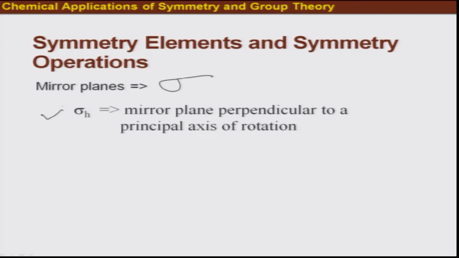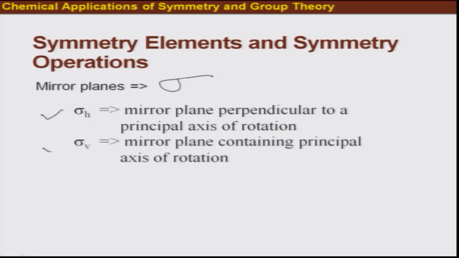Sigma h is a mirror plane which is perpendicular to the principal axis of rotation. You also have something called sigma v. Sigma v is also a mirror plane, but it has a particular characteristic: this mirror plane contains the principal axis of rotation.